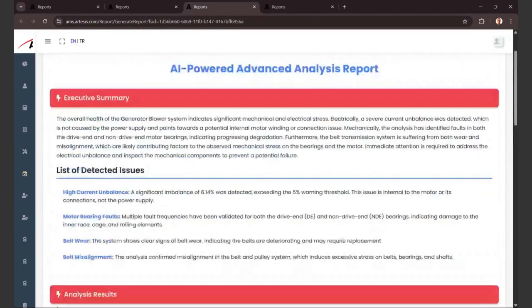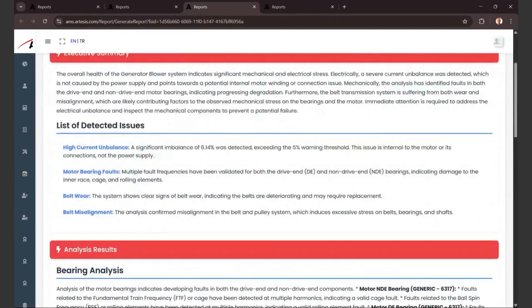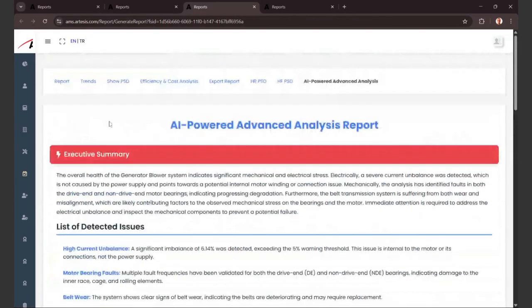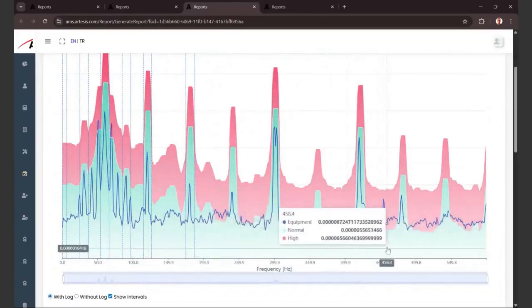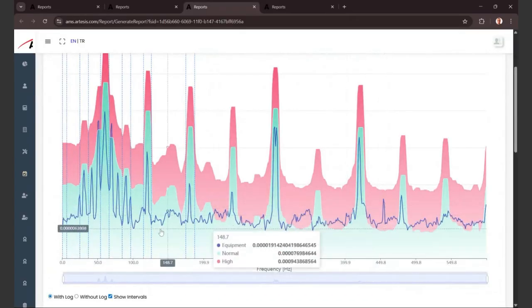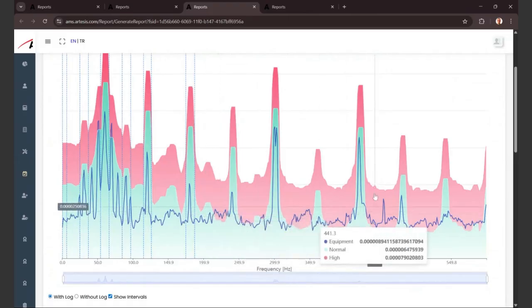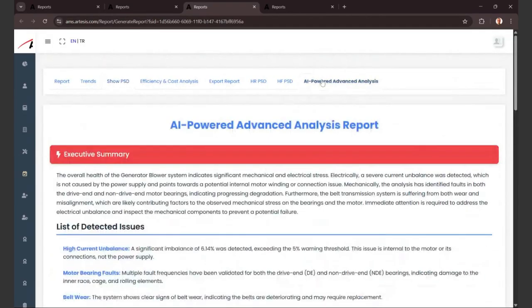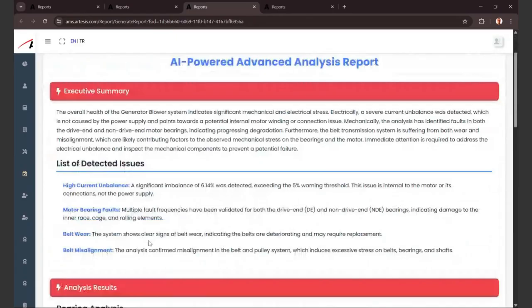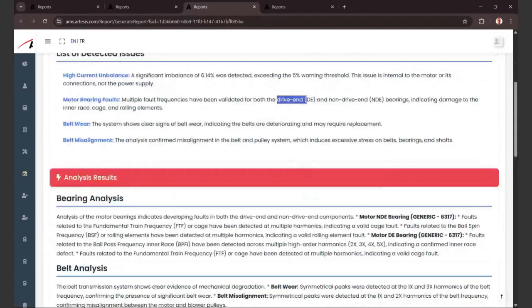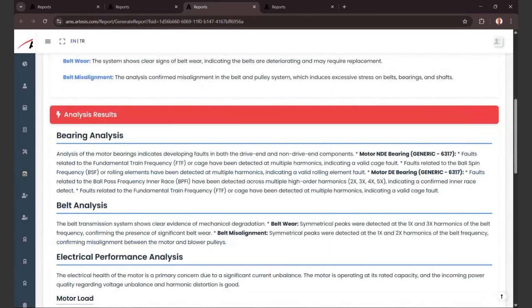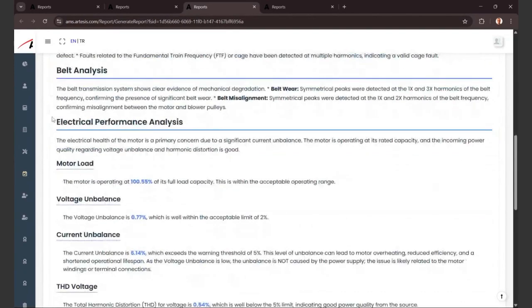Motor bearing. Naturally, if you have some belt wear and misalignment, you would see bearing frequencies, and you can actually do that analysis by yourself. So I would say this is the bearing frequency that the system picks up, and some over here as well. But again, you don't need to be that expert. It's telling you that's the case, and it actually tells you the tri-event and non-tri-event bearings indicating the damage there, and lists what harmonics it's seeing those at in the high resolution spectrum.